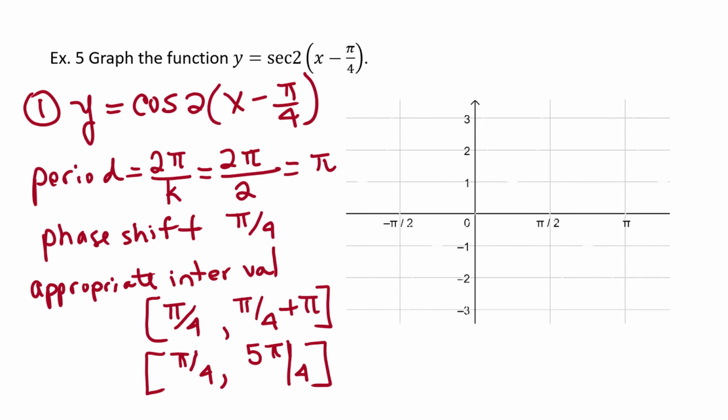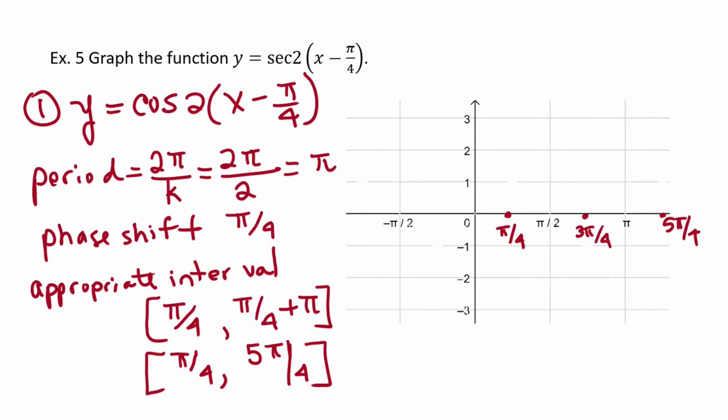I'll mark some key points. I'm going to mark the phase shift pi over 4, so it's on my xy axis. I will also mark the equidistant point between pi over 4 and 5 pi over 4, which would be 3 pi over 4, and the point where we finish the graph, which would be 5 pi over 4, or where we get the one complete period.